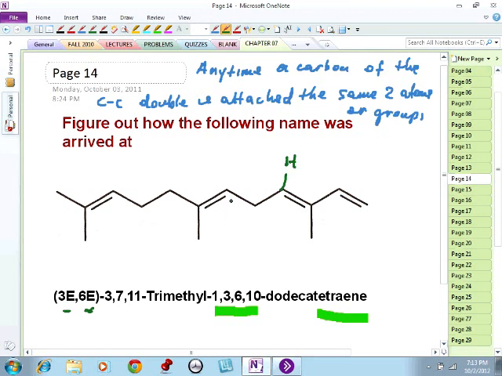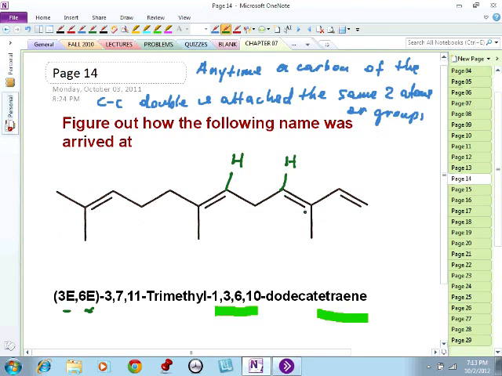Also keep in mind right here, this is 3, 4, 5, 6. This is the 6 carbon. Also keep in mind there's hydrogen here. Anytime you look at a carbon and it doesn't have all of its bonds, then you know that the missing bond will be hydrogen. Okay, so how do we arrive at 3E?